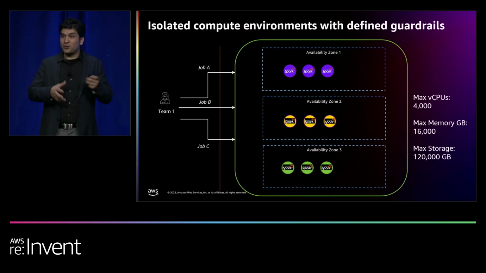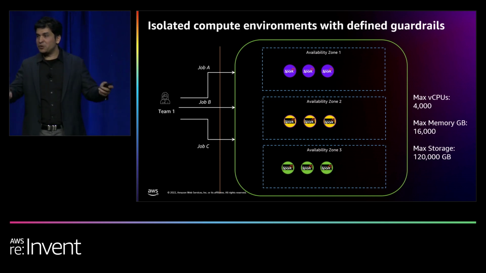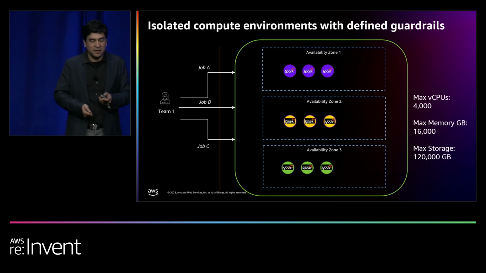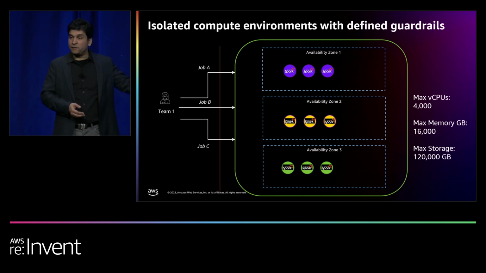Now that you can use the capacity of the entire region, it's important to have guardrails, right? Because you'll have to have some cost control measures to ensure what your data engineering teams can actually use. So you can define guardrails saying my EMR Serverless application, let it scale as needed, but you define the boundary for that scaling, and the maximum boundary in this example can be a max of 4,000 CPUs, which we think is suitable for this team.